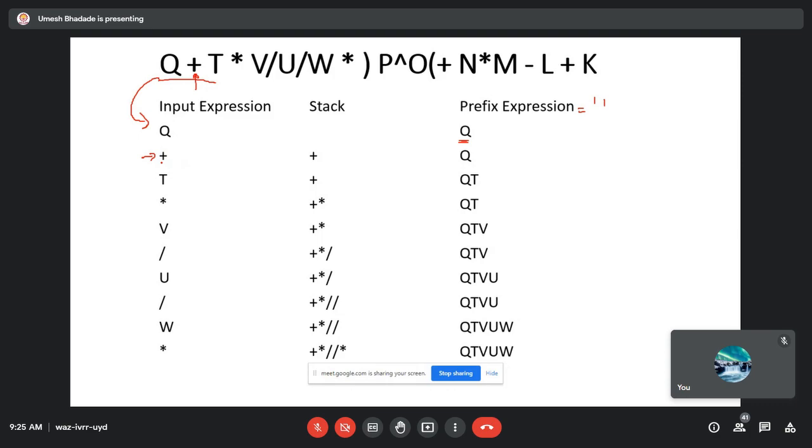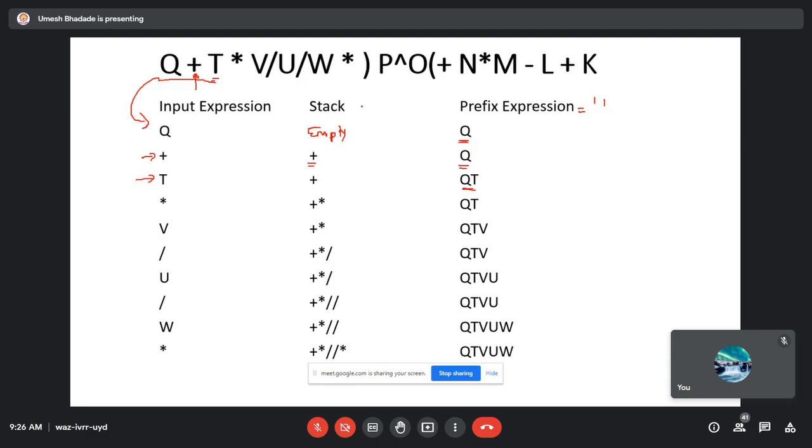So I will push the operator onto the stack, and since this stack is empty here, right? So no need of comparison at all. If it is empty, directly this plus will be added to the stack, and your prefix will remain as it is, q. Then you are reading another symbol, that is t. Now this t is operand, so directly we will append that operand to the prefix expression. So the prefix expression will become qt.